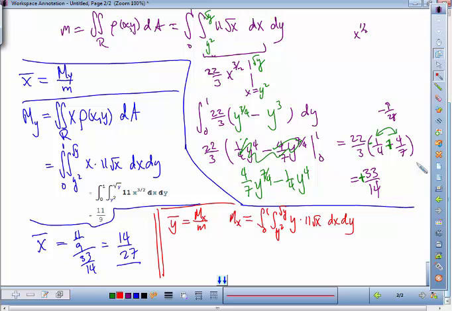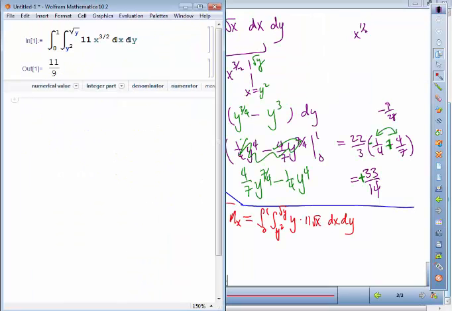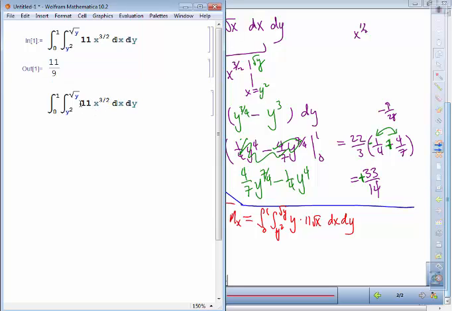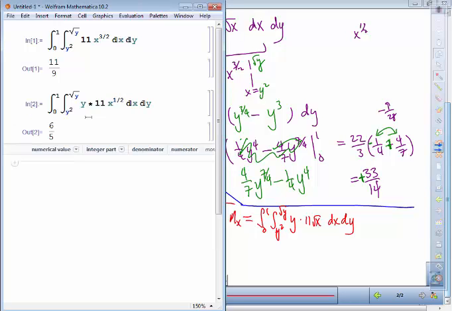Okay, so I'm just going to go ahead and punch that into Mathematica. So it's Y times 6/5.